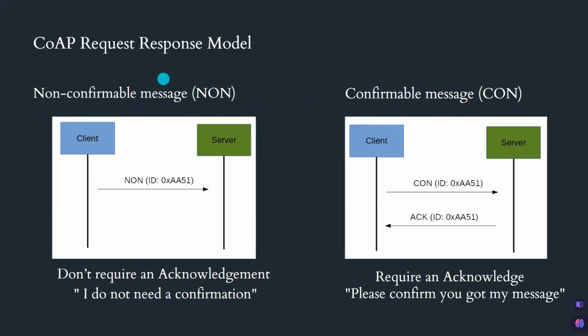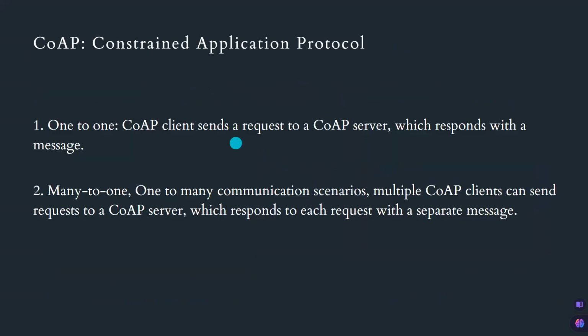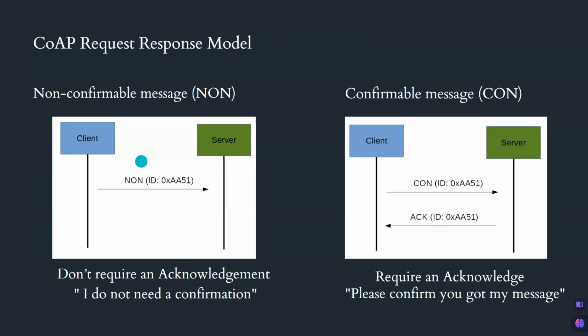Right? So under the CoAP protocol, we basically have two message types. Considering these two types, we can say that the confirmable message type is much more reliable than the non-confirmable type. Right? So likewise, we can define some quality of service levels for CoAP as well, basically considering the confirmable and non-confirmable message types.